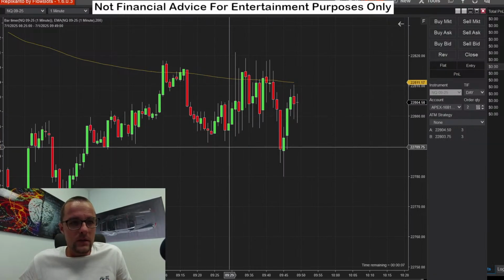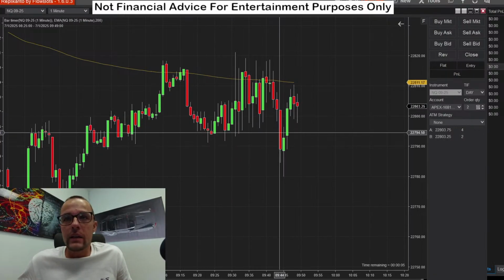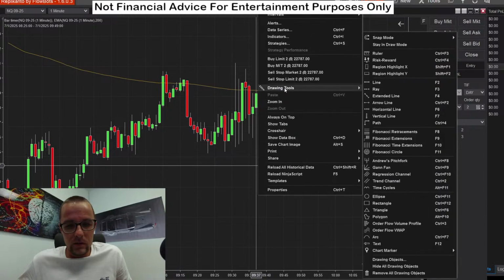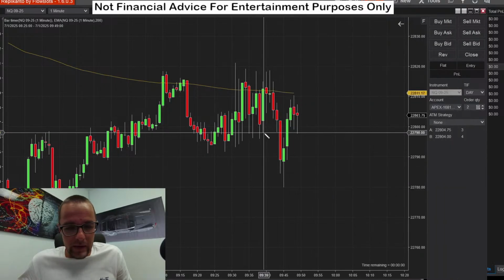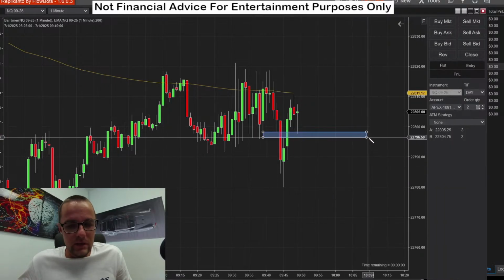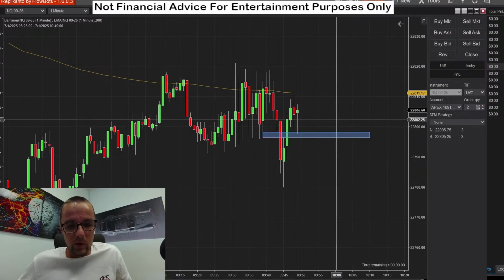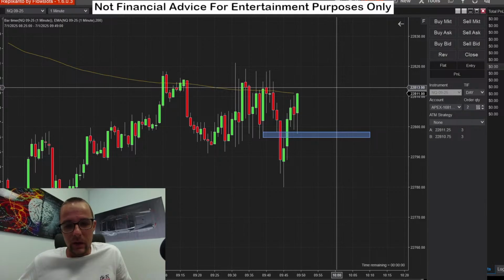So you have these liquidities that get swept, and then just looking for an IFEG, a gap to get inversed, and I usually take a really quick scalp. So this trade wouldn't really be worth it because TP would have to be right there, which as you see TP got hit.